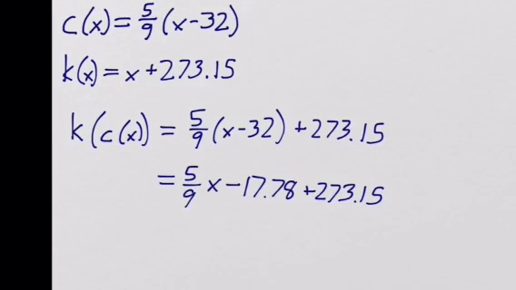And now I can add the minus 17.78 and plus 273.15. And I get 5/9 x minus 255.37. Or I'm sorry, plus 255.37.